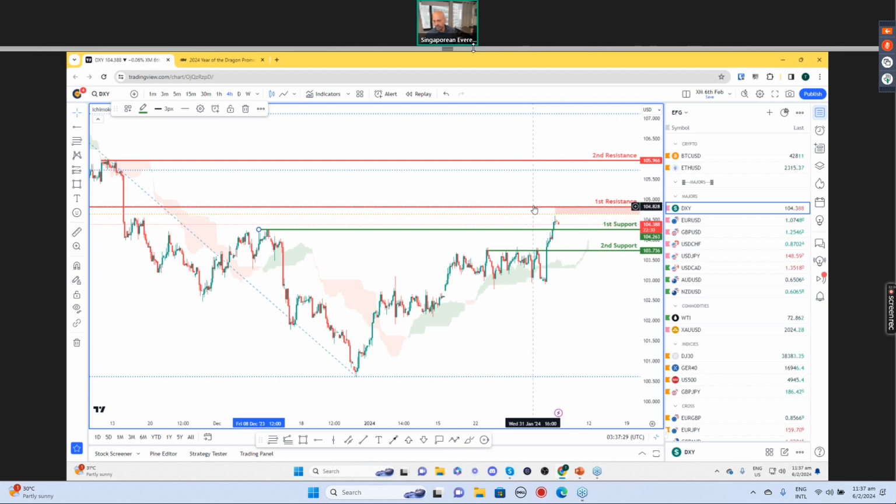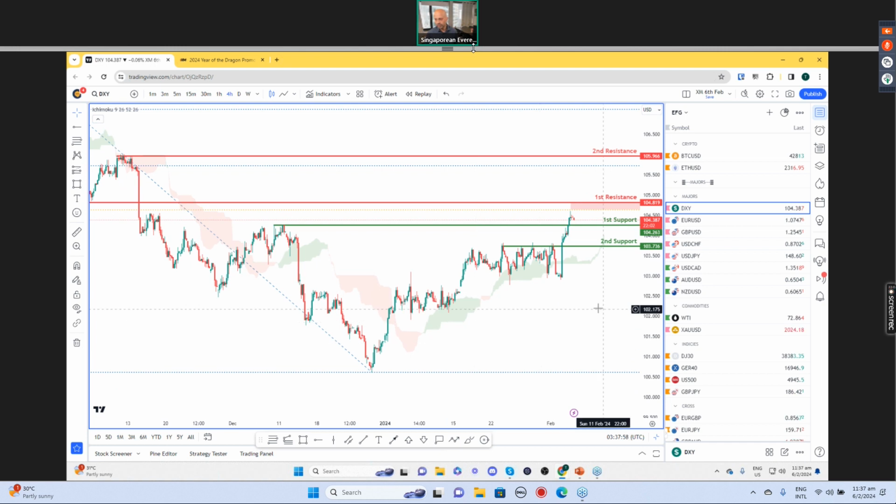We're not going to identify the take profit at exactly the first resistance, but anywhere between 104.60 to 104.80 is where we should be looking for a suitable take profit should price bounce off 104.26. So do take note, 104.60 is where we can identify a potential take profit for a long dollar index position should it bounce off 104.26.